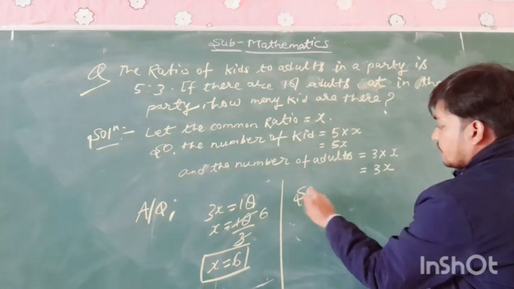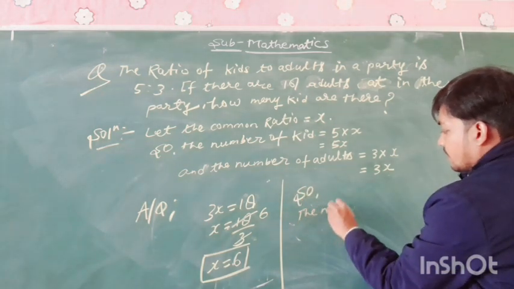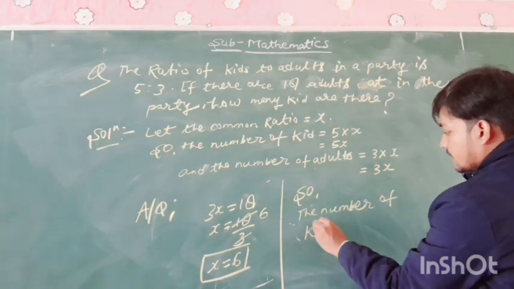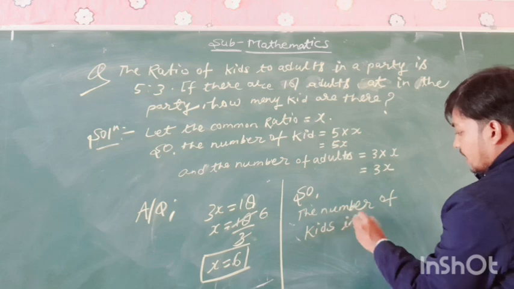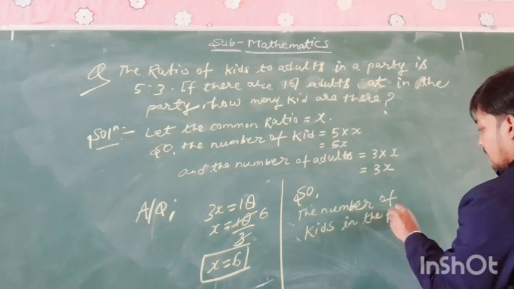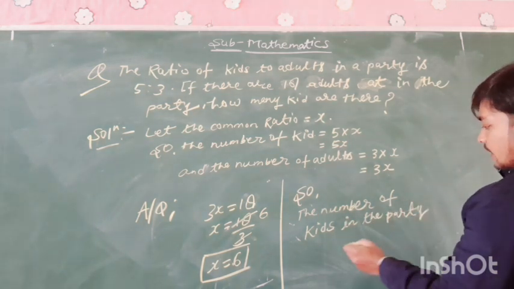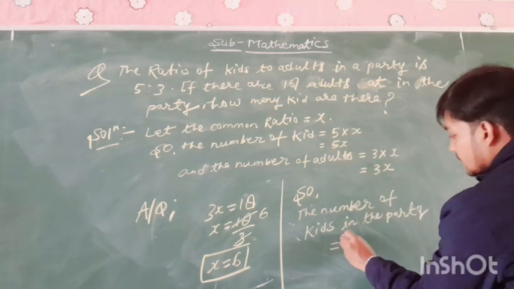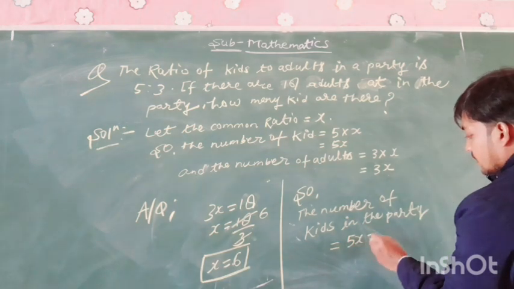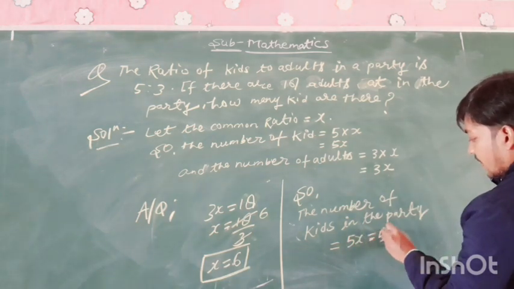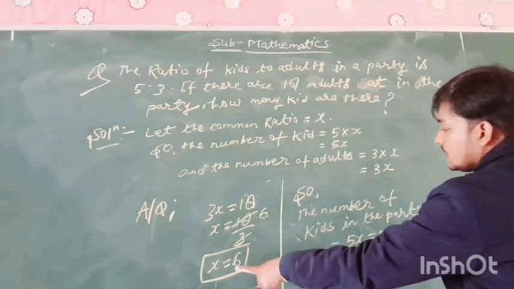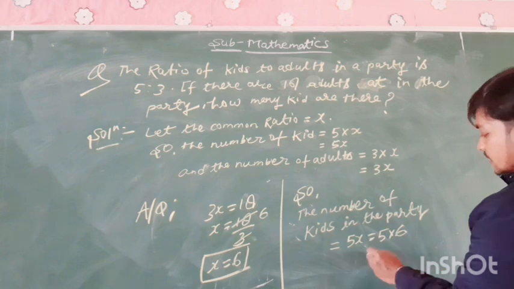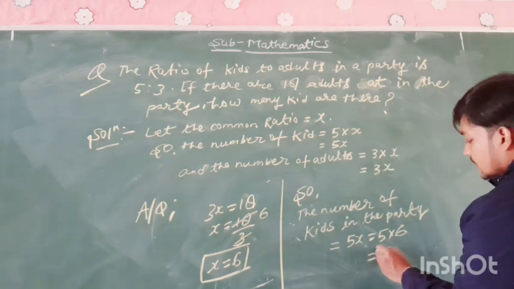Then we have to find how many kids are there. So the number of kids in the party is equal to 5x, which is 5 into the value of x, 6. 5 into 6, the product of 5 and 6 is 30.